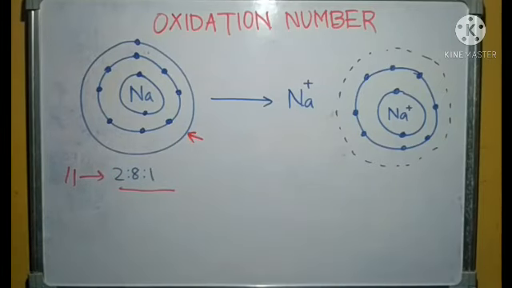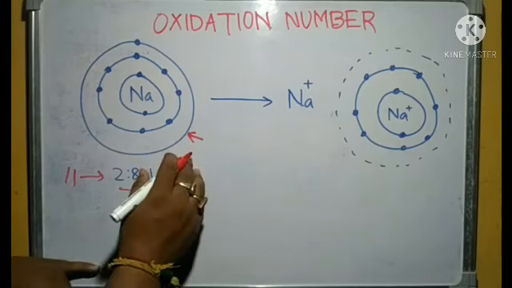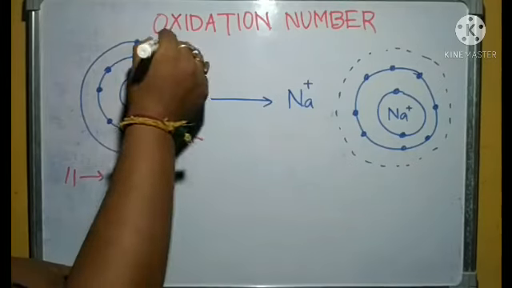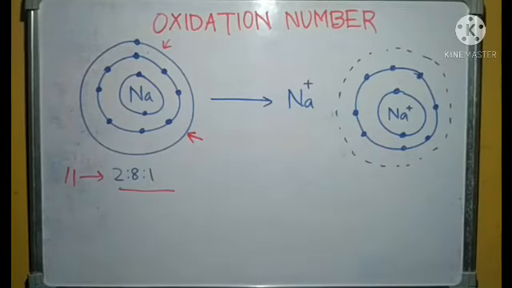What is the valence shell? The valence shell is the outermost shell of an atom. And what is the valence electron? The valence electrons are the electrons present in the outermost shell, that is the valence shell of an atom. In the case of sodium, this is the valence shell, and it contains only 1 electron.